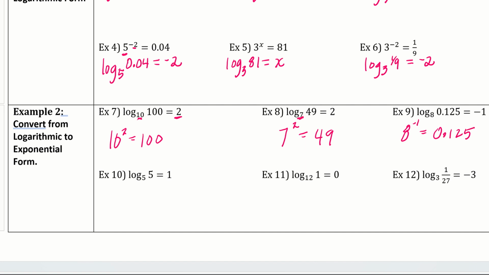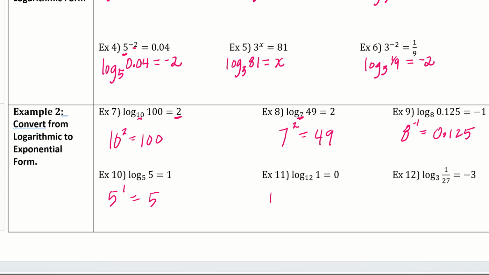Example 10, log base 5 of 5 equals 1. So this is going to be the base of 5, raised to the first power, will be 5. And then example 11 is log base 12 of 1 equals 0.